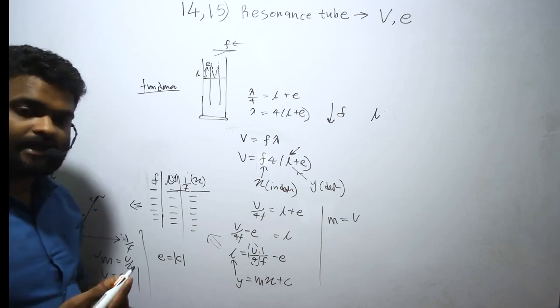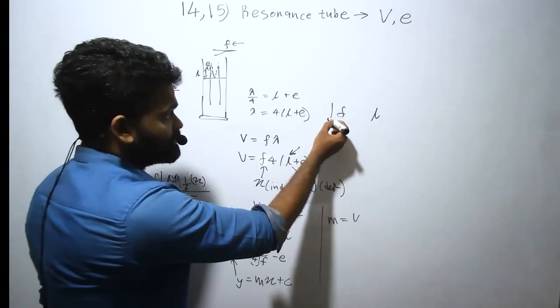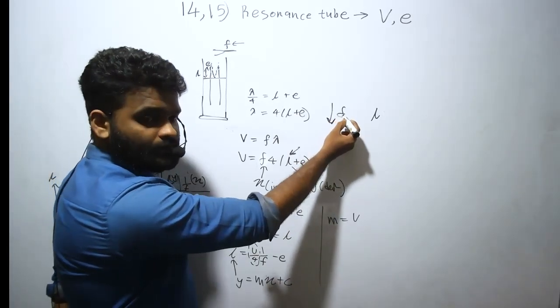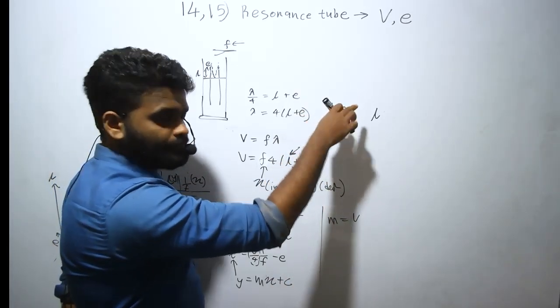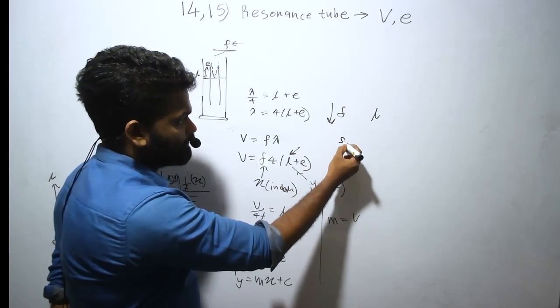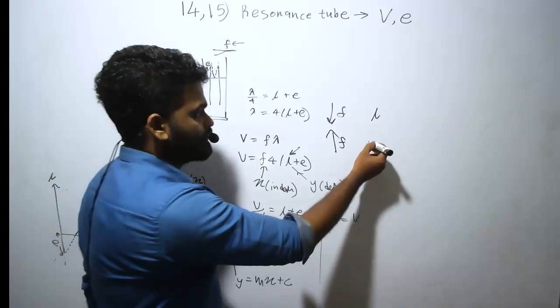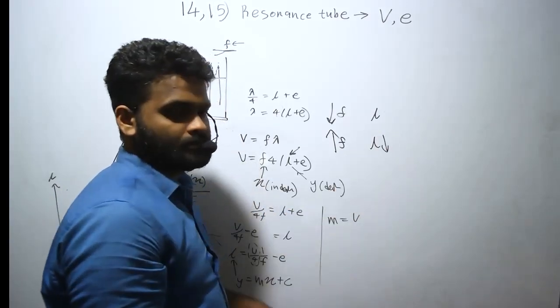Then you start taking measurements. You check from the lowest frequency before the experiment, right? But when taking measurements, you start from the highest frequency. Highest frequency means lowest lengths, right?